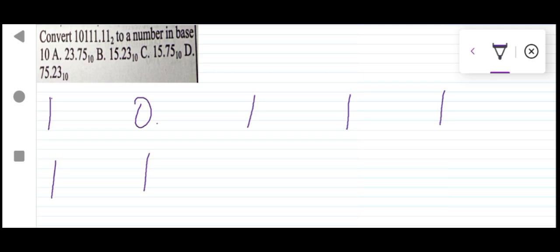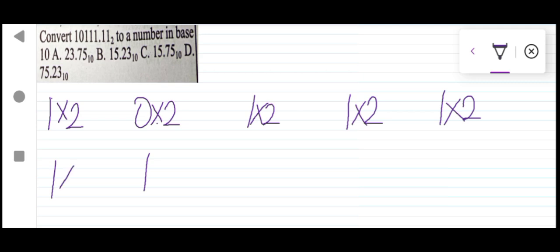And since we are converting from base 2, all you have to do is multiply this by 2, by 2, by 2. So you have to multiply each of that by the base. That's the condition when converting to base 10.